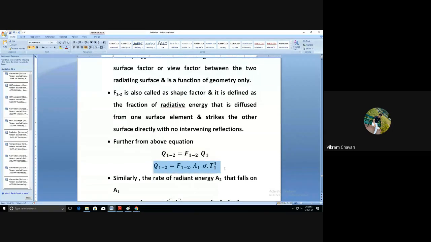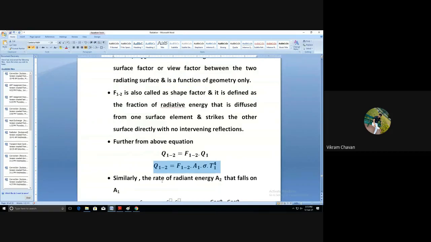So Q1 to 2 will be equal to F1 to 2 multiplied by A1 multiplied by sigma multiplied by T1 raised to 4. Now we have considered the energy radiated by A1 and fallen on A2.